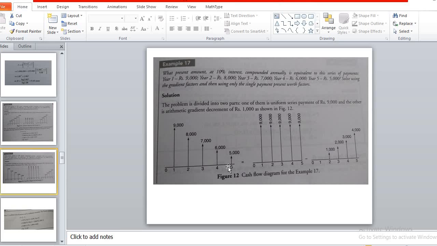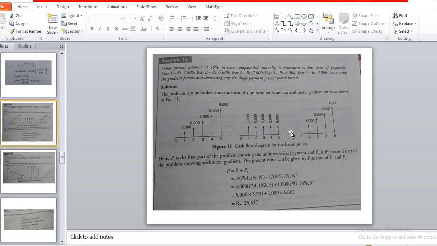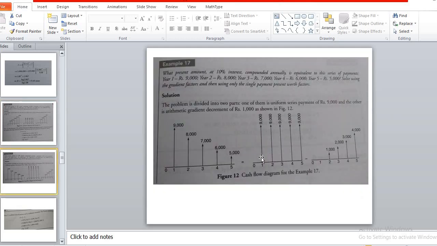In the previous problem, it was related to the increment: 1000, 2000, 3000, 4000. In this problem there is some decrement. This problem is divided similarly to the previous one, but instead of increment there is decrement.